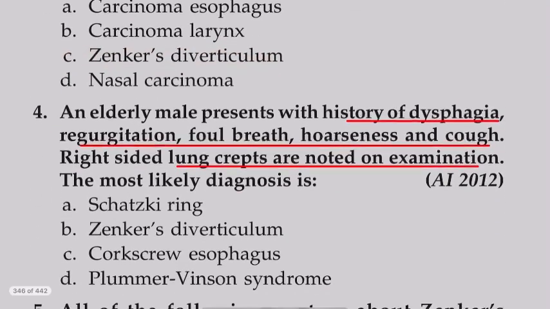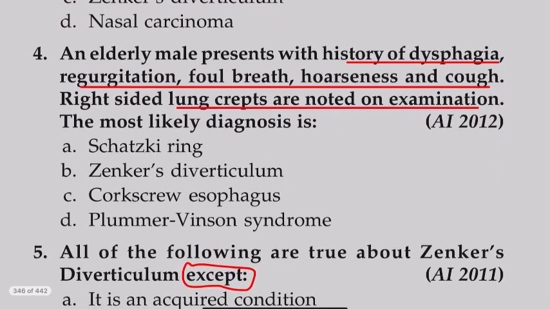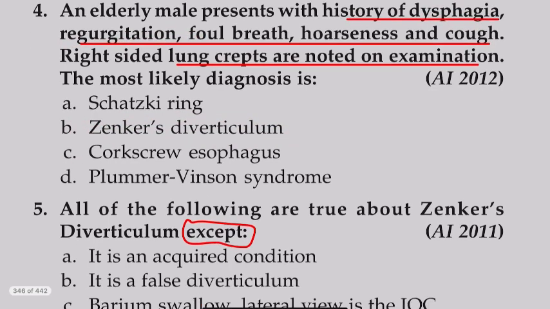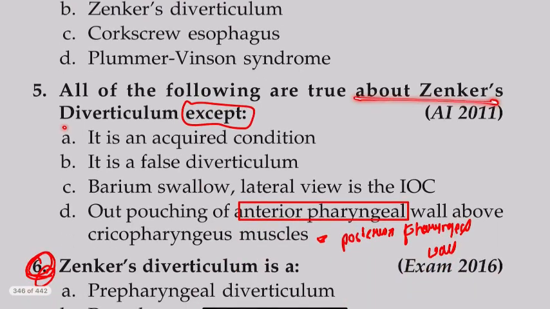An elderly male presents with a history of dysphagia, regurgitation, foul breath, hoarseness and cough; right-sided lung crepts are noted on examination. The most likely diagnosis, as we have already said, is Zenker's diverticulum, in which there is dysphagia and regurgitation. All of the following are true about Zenker's diverticulum except: it is an acquired condition, yes. It is a false diverticulum.